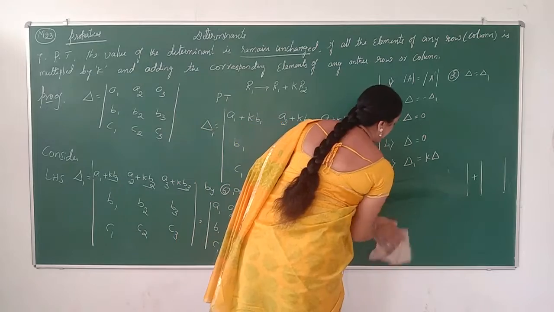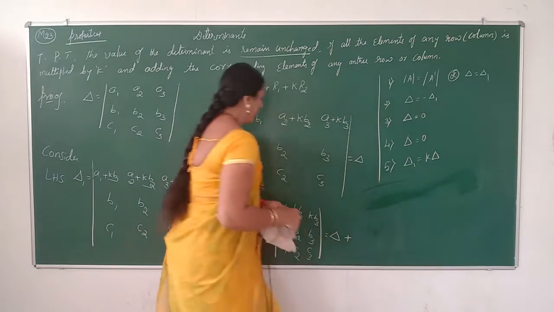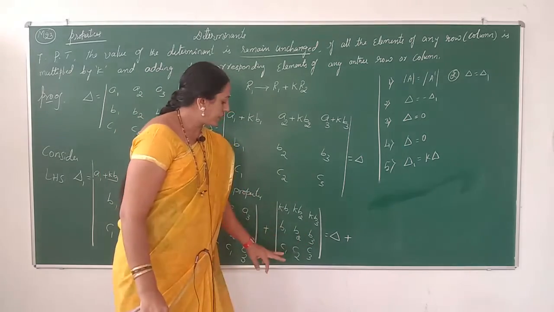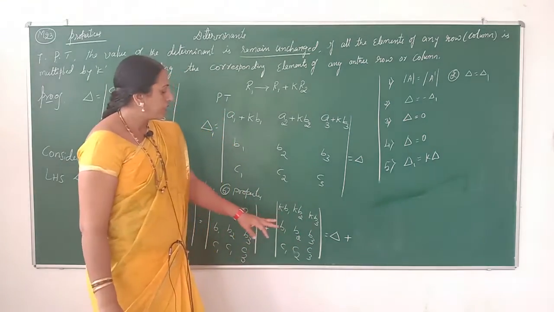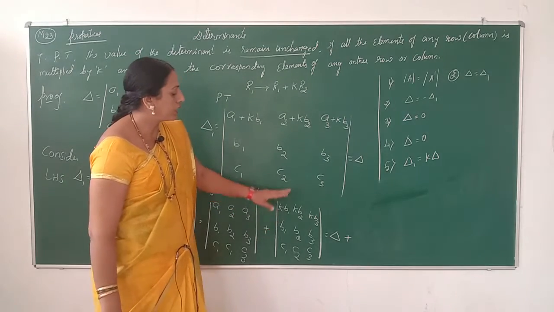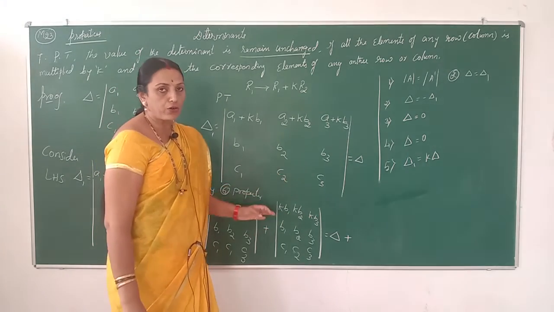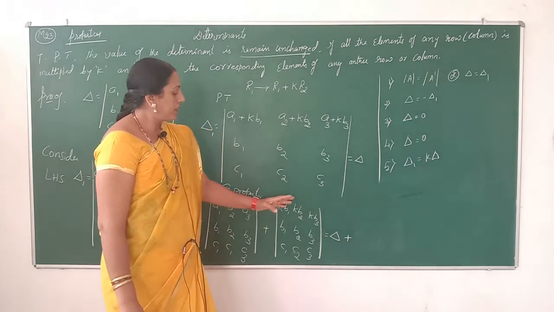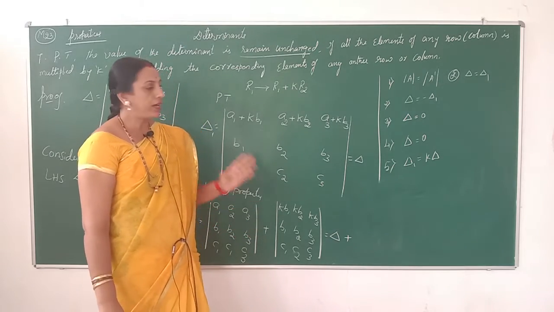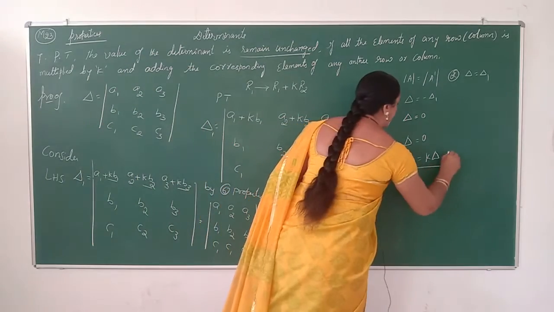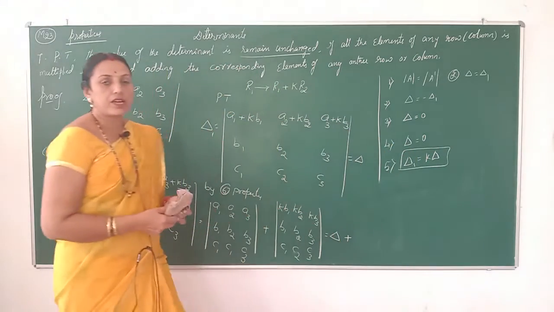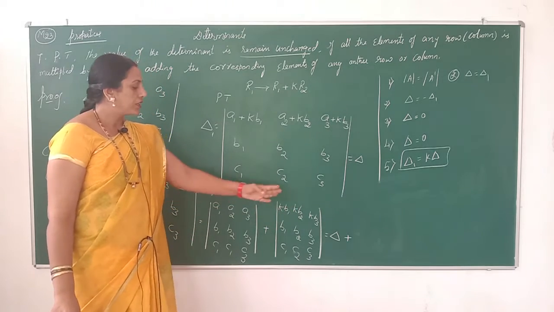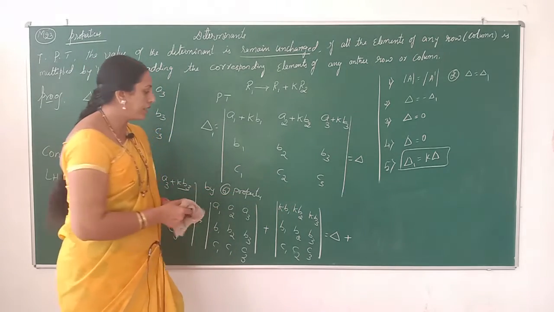Now the second determinant is k B1, k B2, k B3, B1, B2, B3, C1, C2, C3. That is another property, the fifth one: if all the elements of any row or column are multiplied by some scalar number k, then the whole determinant is multiplied by k.